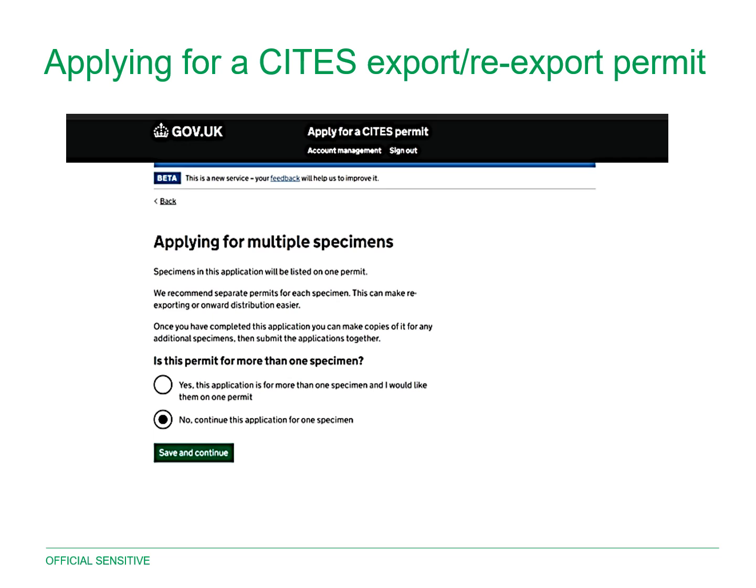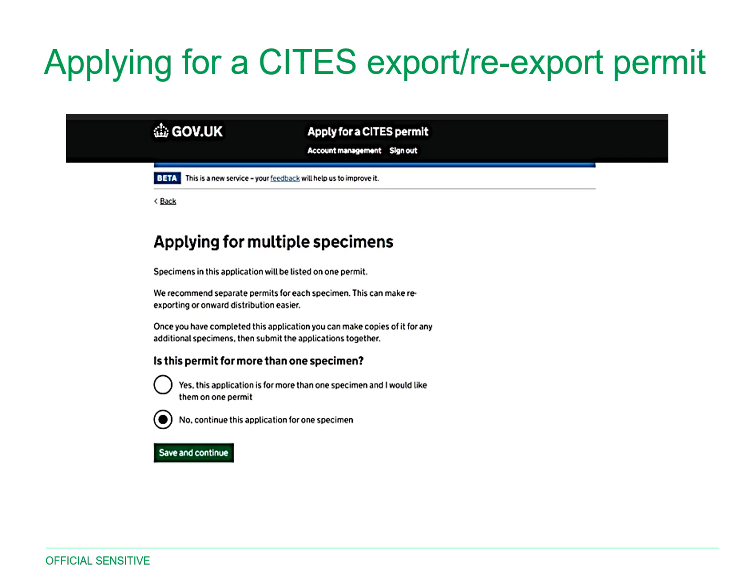The service will then ask you about applying for multiple specimens. We recommend separate permits for each specimen. This can make re-exporting or onward distribution easier. Once you have completed this application for a single specimen, you can make copies of it for any additional specimens, then submit the applications together.